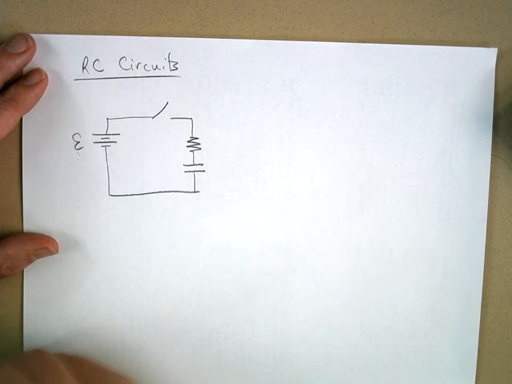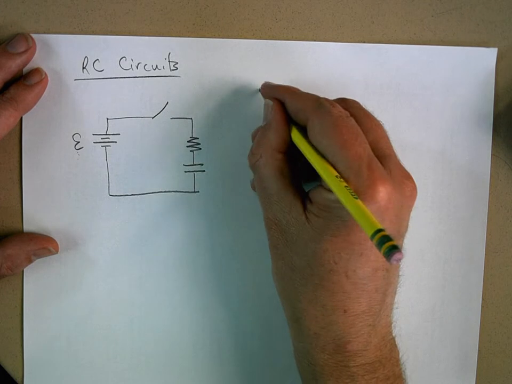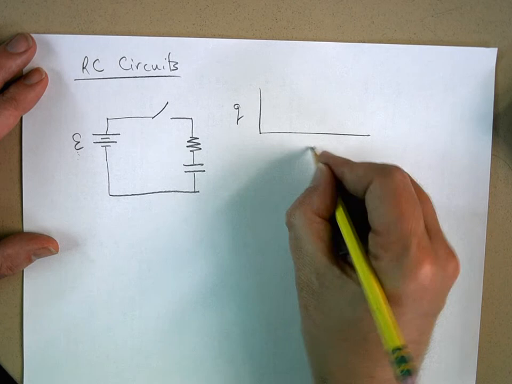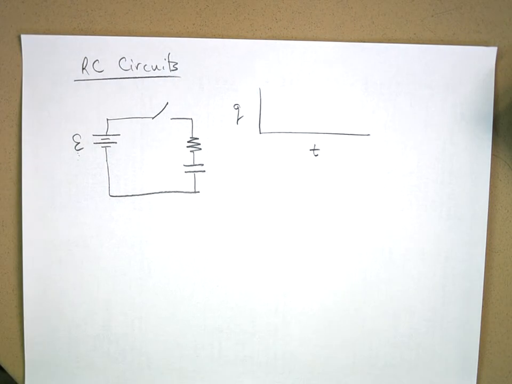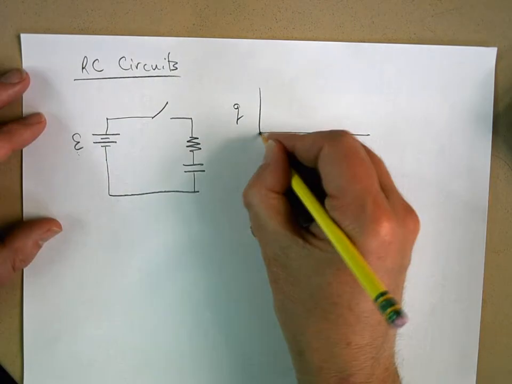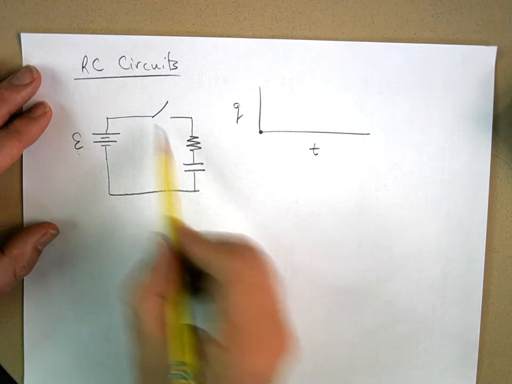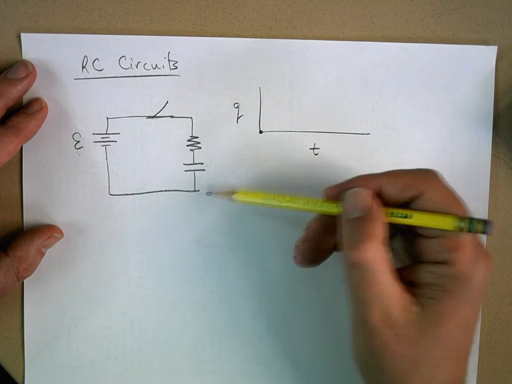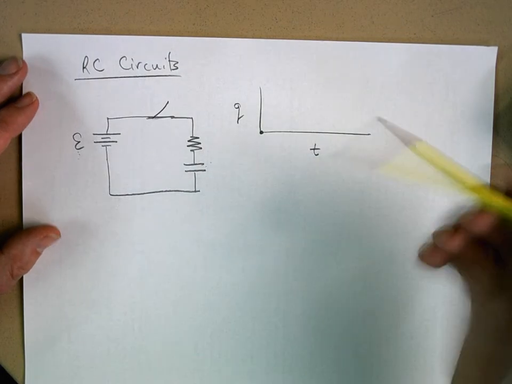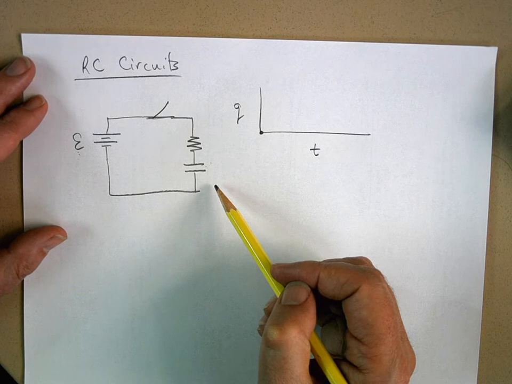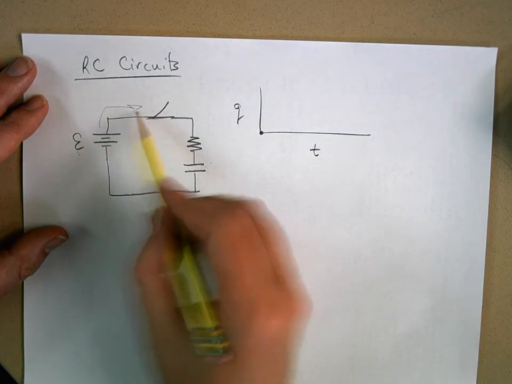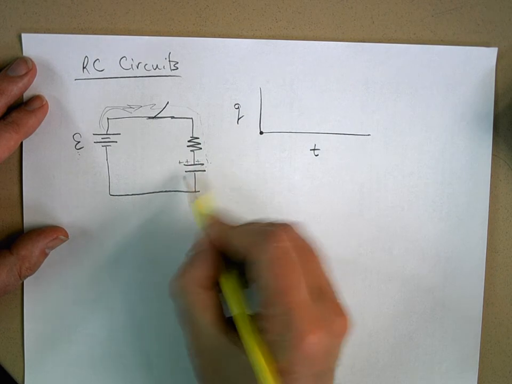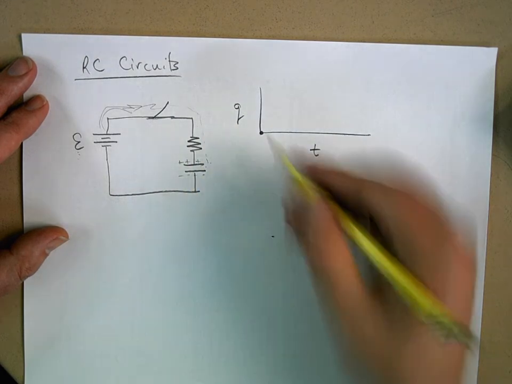Now, I'm going to graph the charge on the capacitor as a function of time. Well, at time t equals 0, there's no charge on the capacitor. Close this switch. No time has gone by yet, no charge. But as time goes by, current instantly starts flowing at its maximum, but pretty soon we start building up a charge on here. And so when I do, the current has to go down.